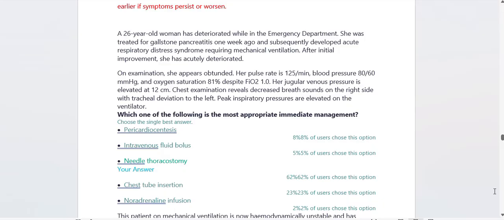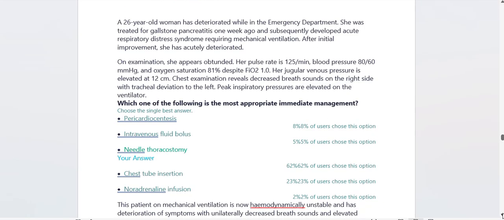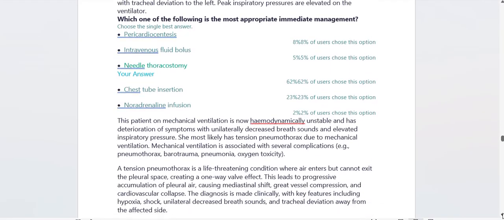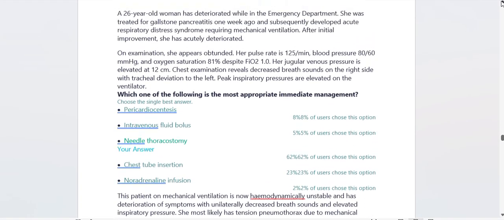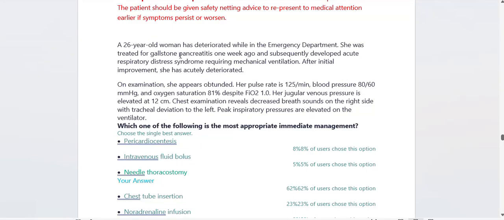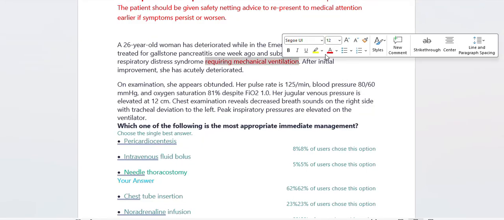IV needle thoracostomy. You understand why it's that, because of the mechanical ventilation. She's on mechanical ventilation, right?